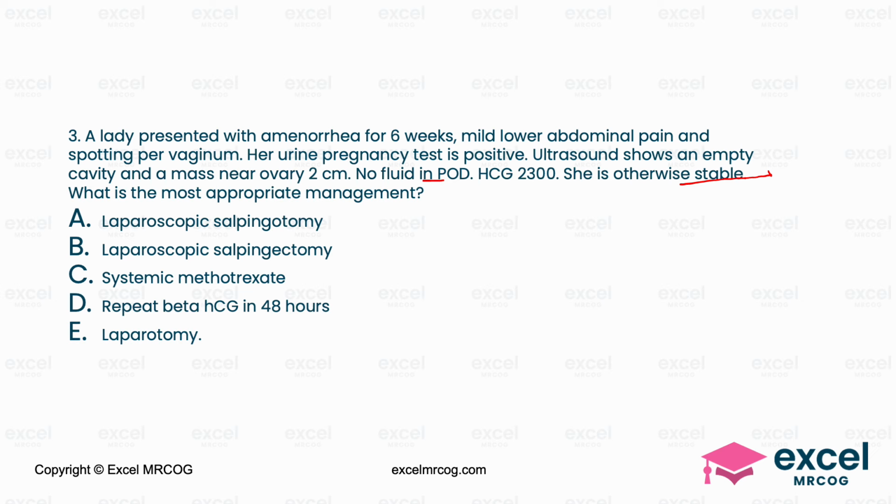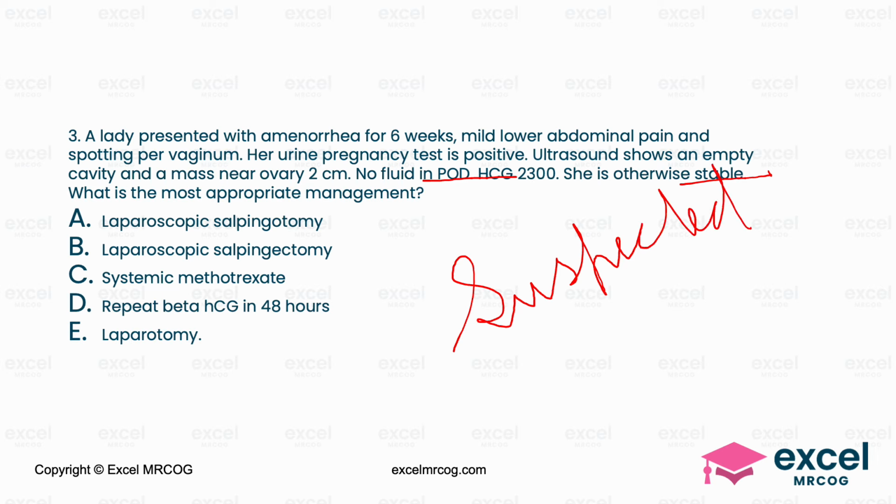There is an inhomogeneous mass. So we are having a case of suspected ectopic pregnancy. We don't have a case of diagnosed because there is just an inhomogeneous mass, or mass basically near the ovary, which is mentioned here. And this is 2,300. Ideally, if it was actually an ectopic pregnancy, methotrexate can be given as medical management.